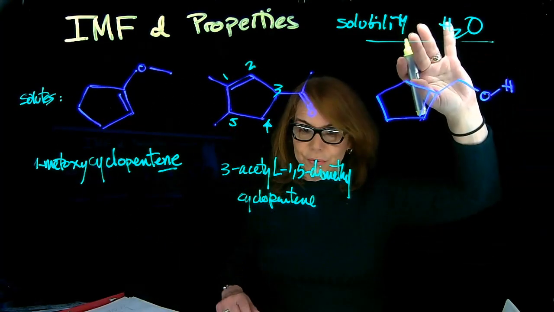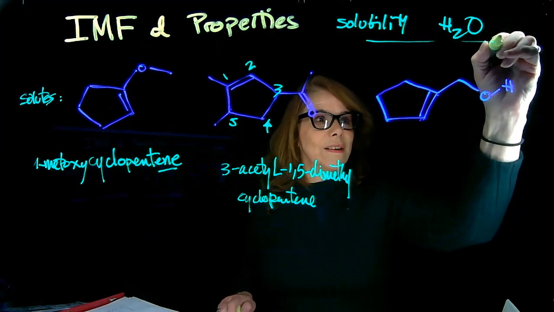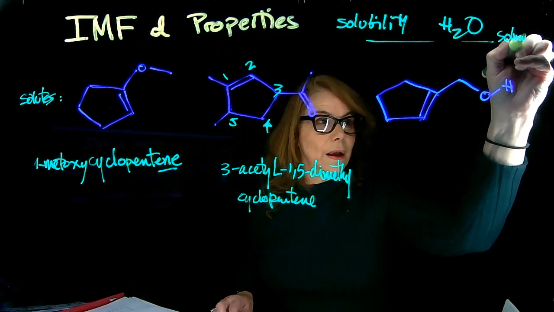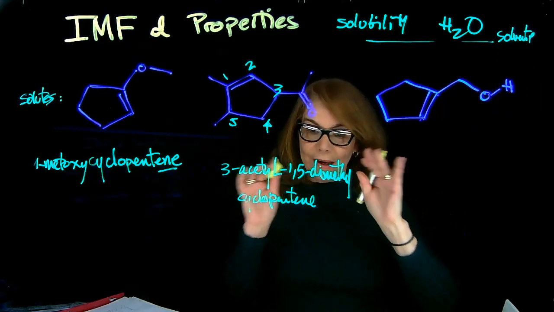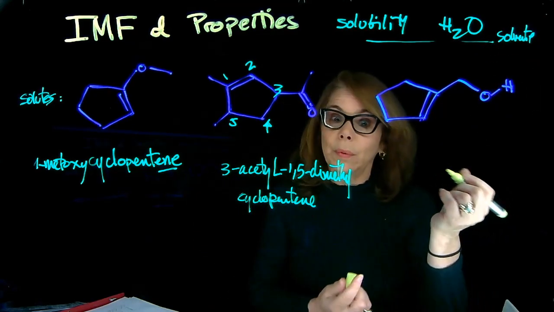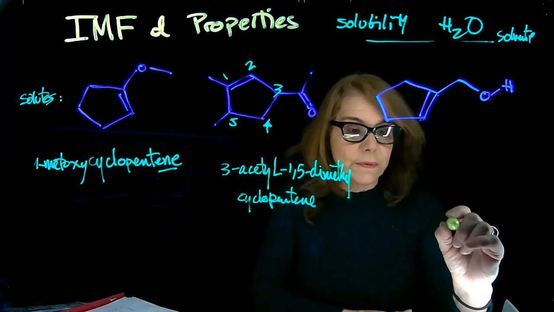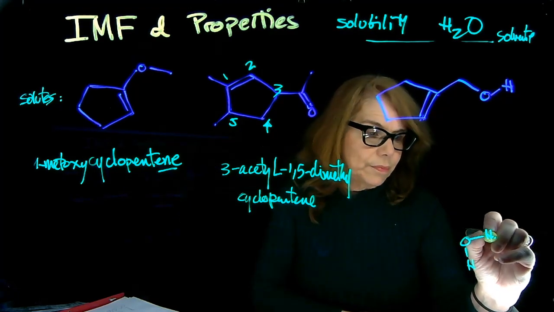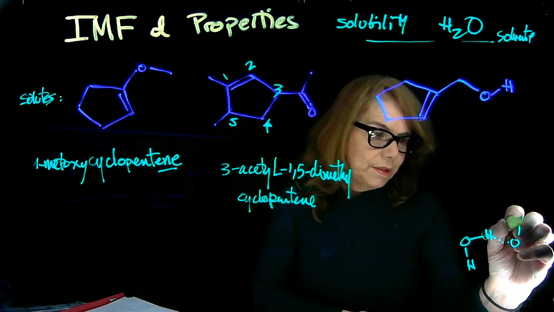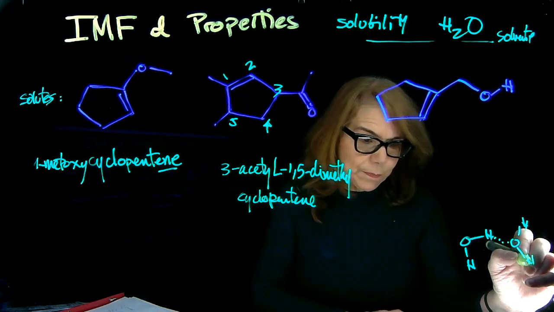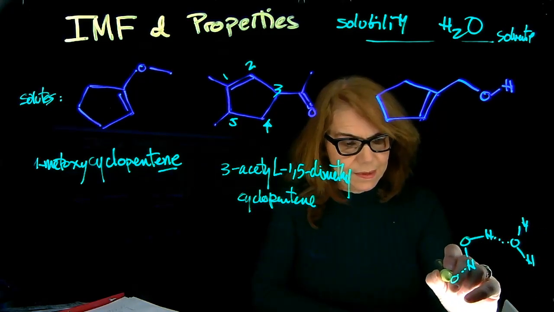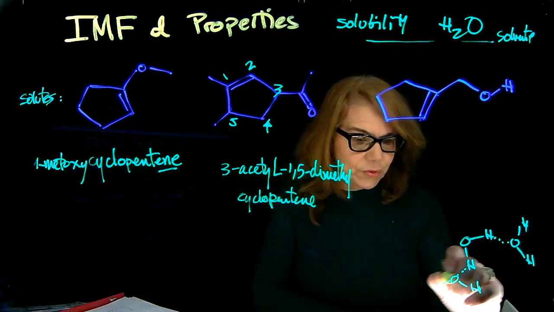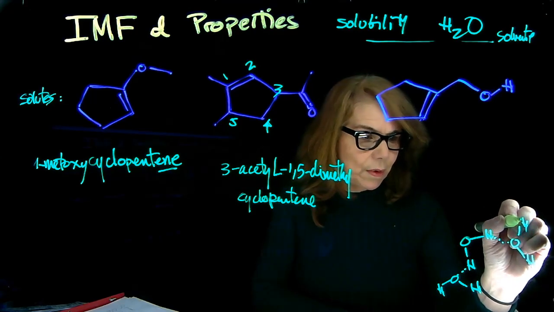And I'm trying to dissolve those in water. So this is my solvent. And I know that I have intermolecular forces within the solvent itself, the strongest being hydrogen bonding, that we have seen previously. Again, a network of hydrogen bonding.